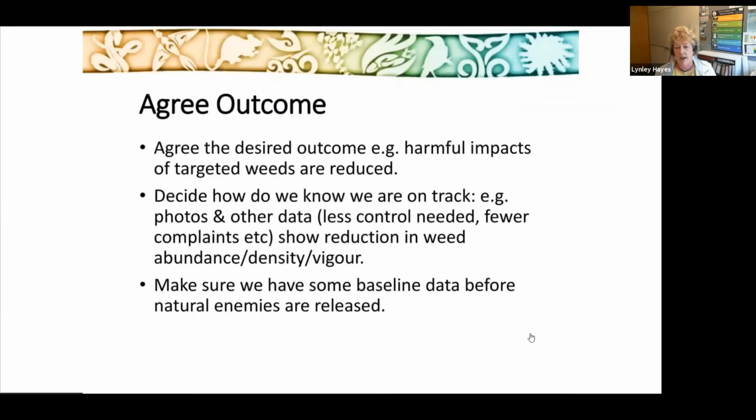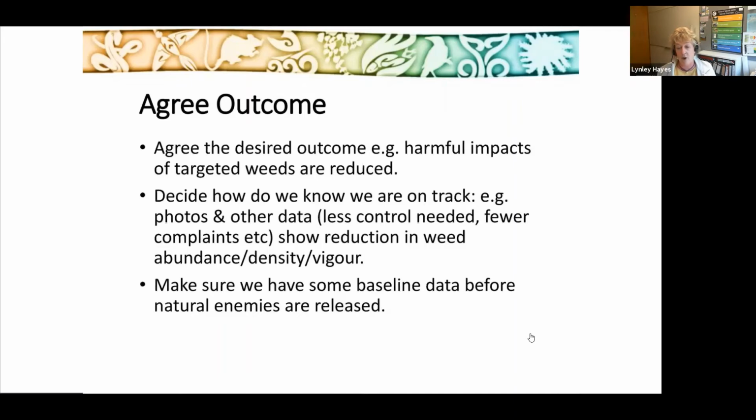So the first thing we have to do is decide, well, what is our goal? What are we trying to achieve here? If we don't know what we're trying to achieve, how are we going to know if we've achieved it? And how do we know if we're on track? So we have to decide what is the goal or the outcome. And often that will be something like that we have reduced the harmful impact of that particular weed.